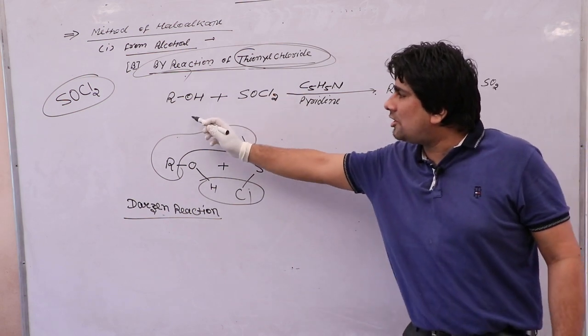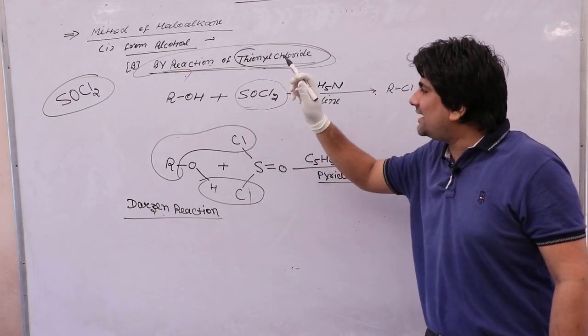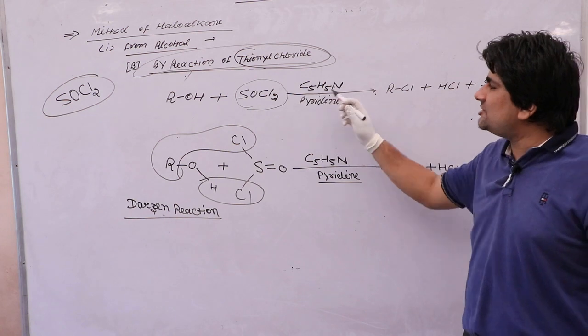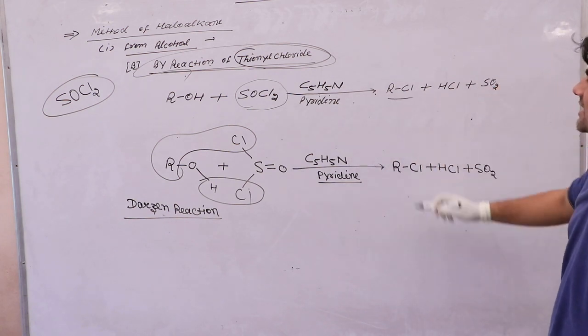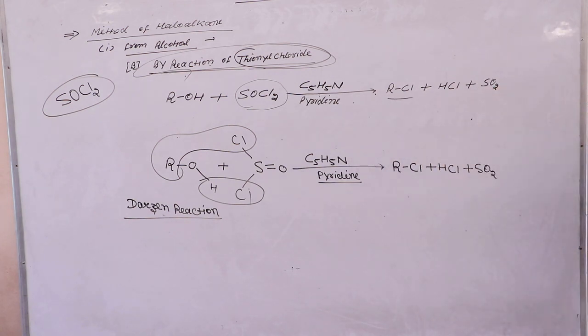Speaking again, today we will see the method of preparation from alcohol by the reaction of thionyl chloride. When alcohol reacts with thionyl chloride in the presence of pyridine, it gives alkyl chloride RCl, HCl and SO2.